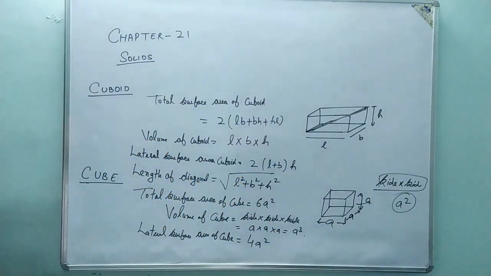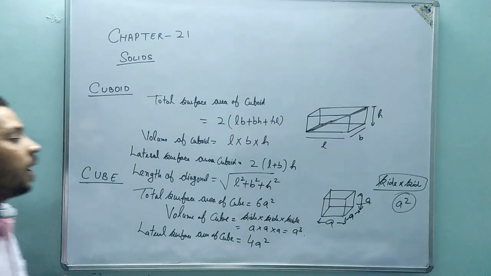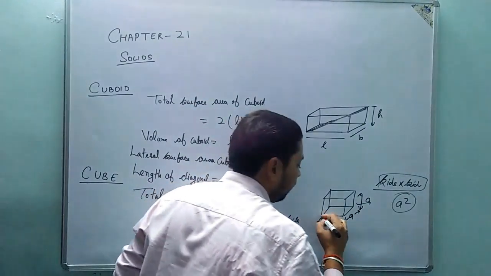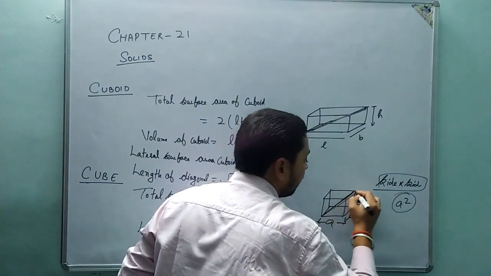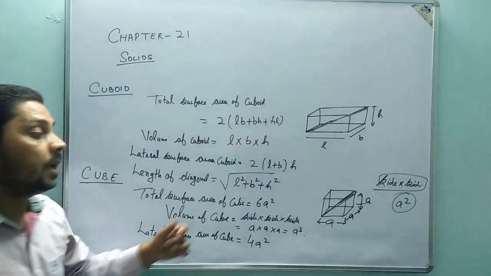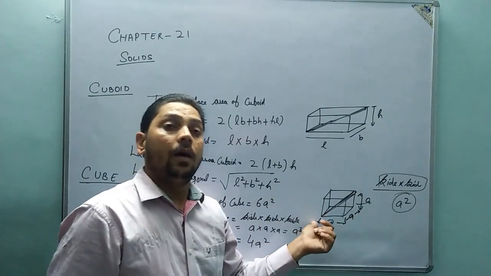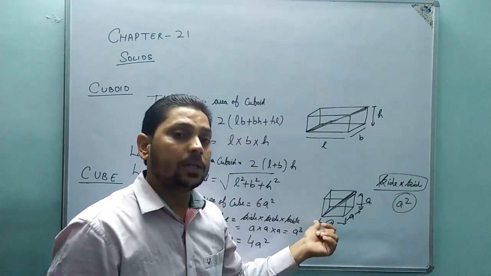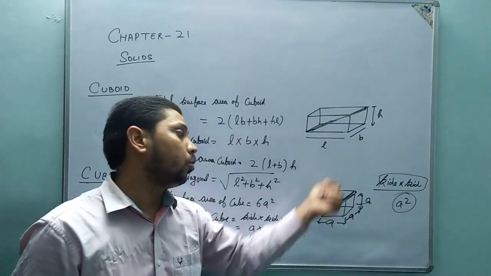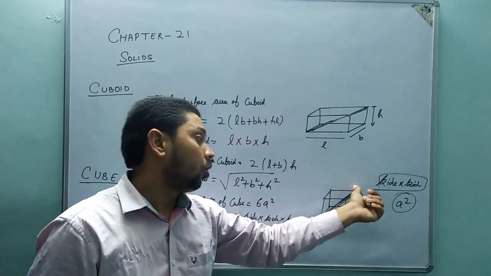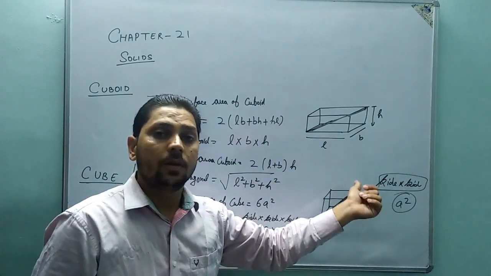And the last formula that we have is the length of the diagonal of the cube. Again, we'll place a long stick inside, from one extreme bottom corner of your cube to the top extreme corner of this cube here.